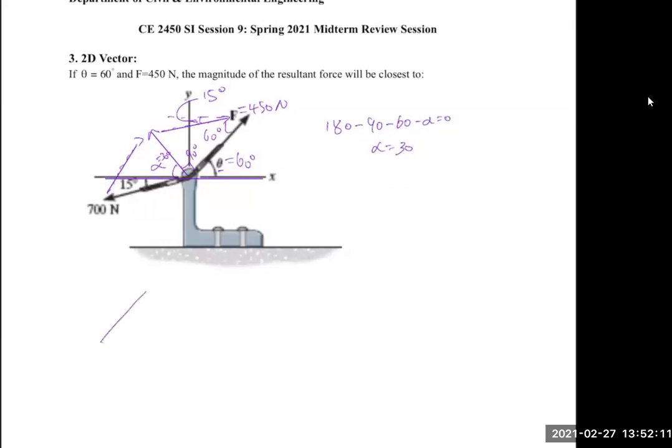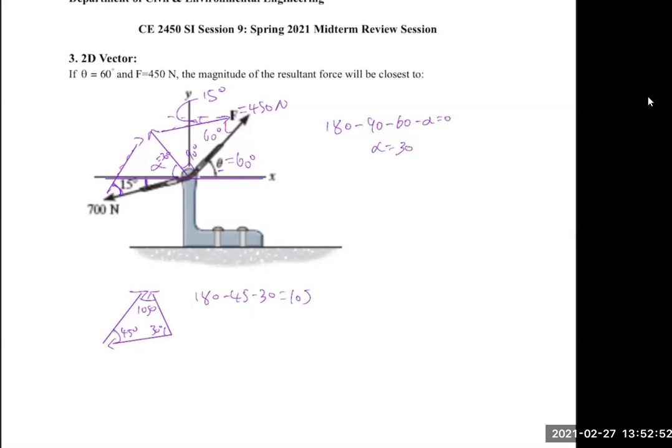Let me draw this triangle for you guys to see it clearly. So this is 30 degrees right here. Then this point right here will not just be 15 degrees, because 15 degrees is just this right here, but we're trying to find this one right here. It'll be 15 plus 30, so it'll be 45 degrees right here. And 180 minus 45 minus 30, then I can find my third missing angle, which is 105.